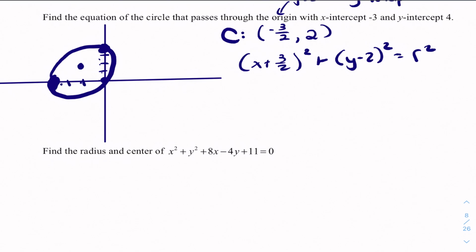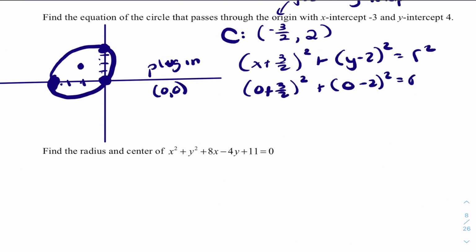Then we can solve for r just by plugging in one of the 2 points. In this case, I think it's easier to plug in the origin. So plug in 0, 0, and we will find our radius.